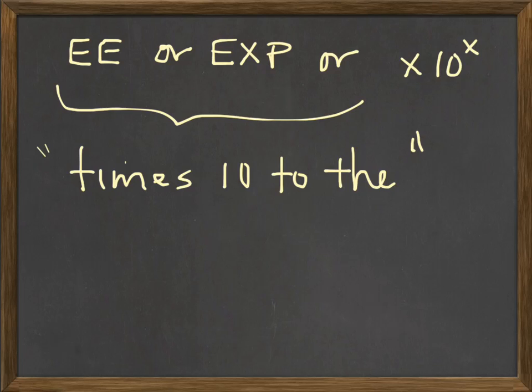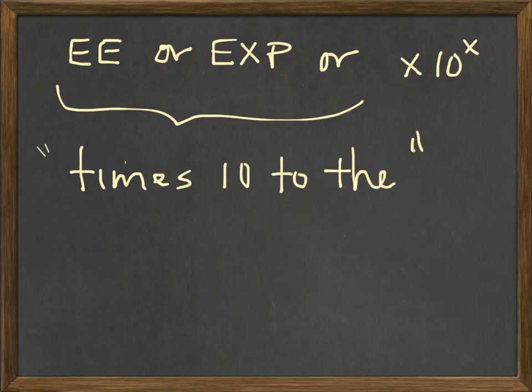Okay? Very common for a student to really understand what scientific notation is and how to work with it, and then miscommunicate with their calculator. Very common problem. So remember that EE or EXP button says times 10 to the.